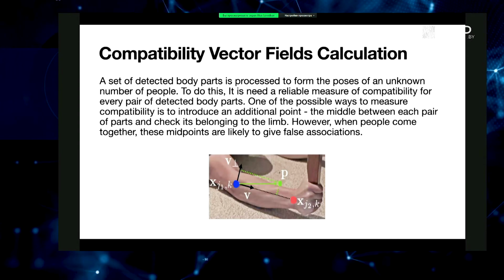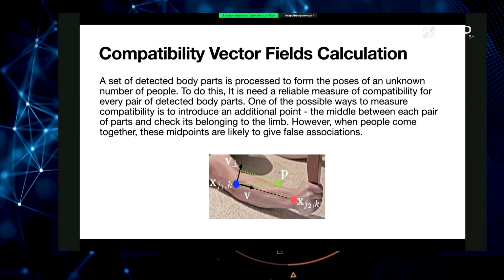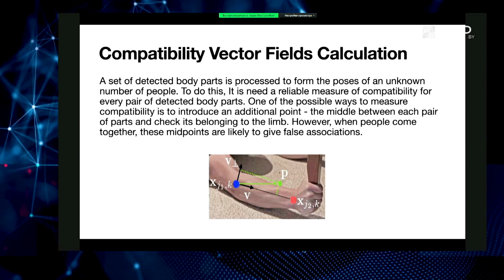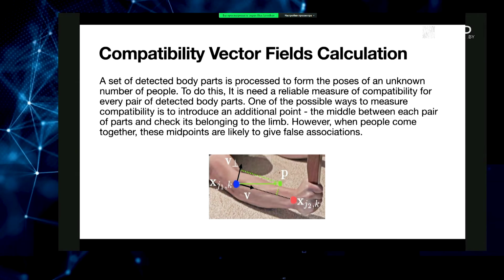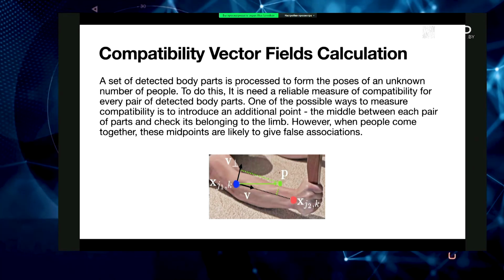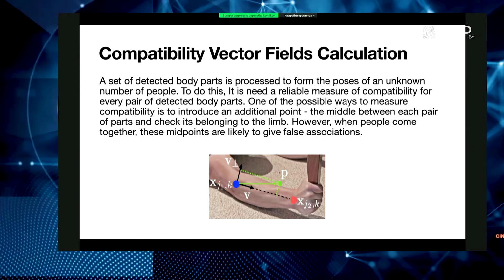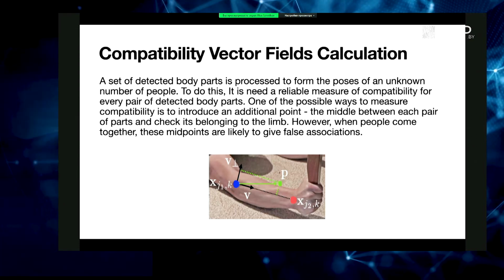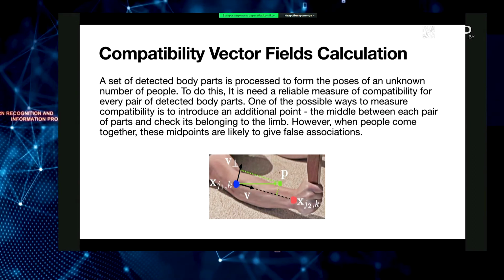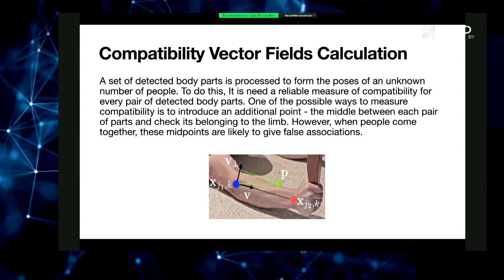So how do we calculate this? One of the data that we use is a vector field. How do we calculate the vector field? One possible way to understand it: take one joint, for example, the blue point. How can we know that the blue point and the red point are connected?